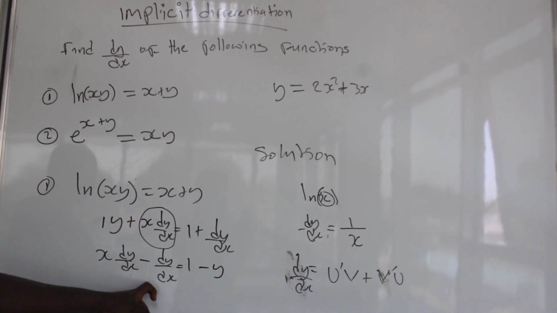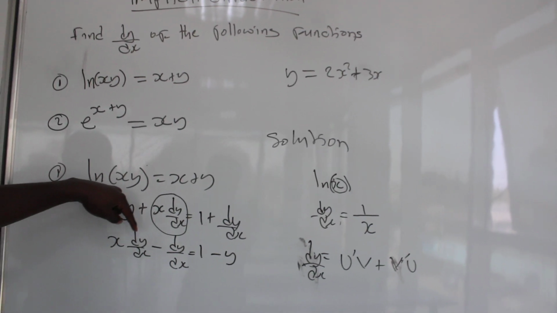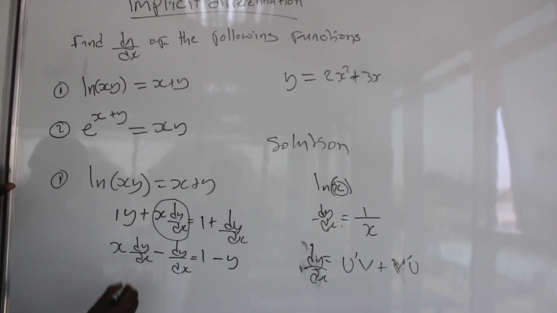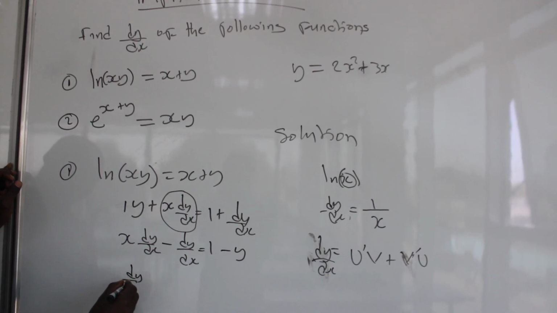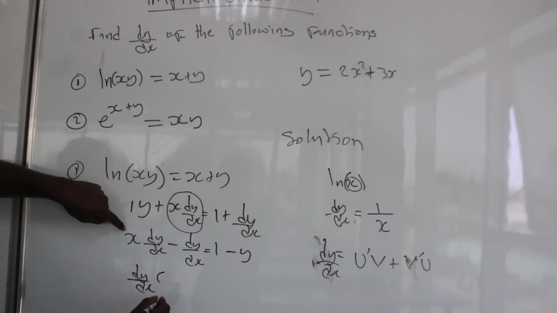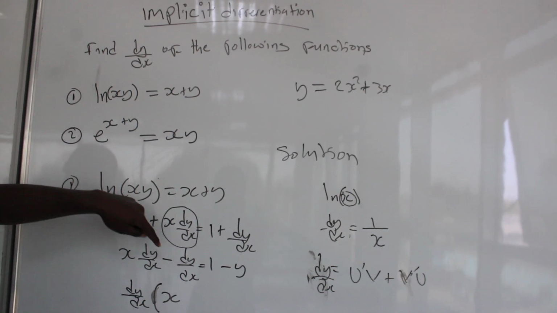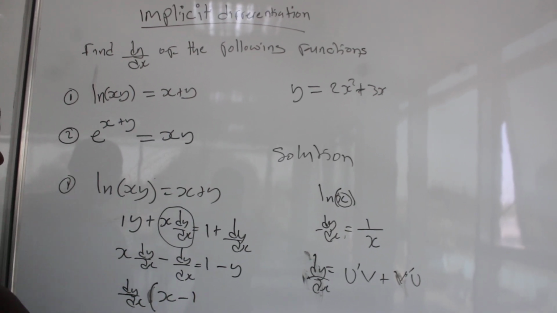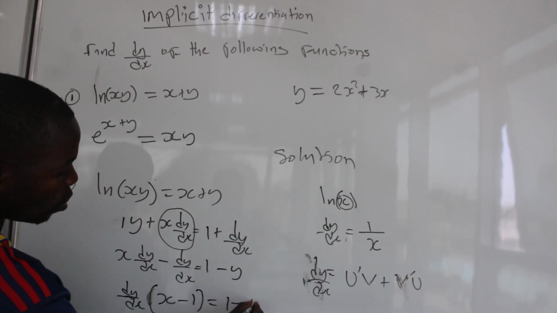I'm going to factorize dy dx, since dy dx is common. If you factorize dy dx, you remain with x here, then here you remain with 1. Then you have 1 minus y.